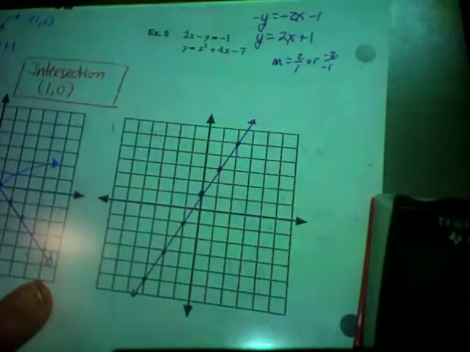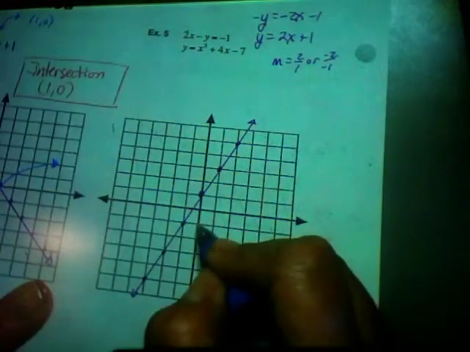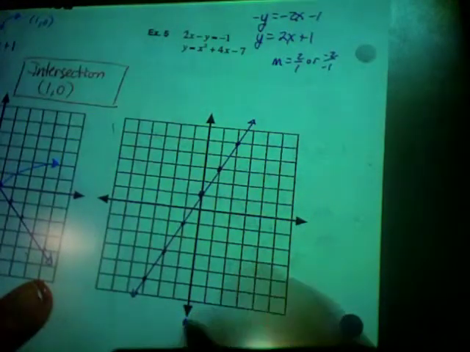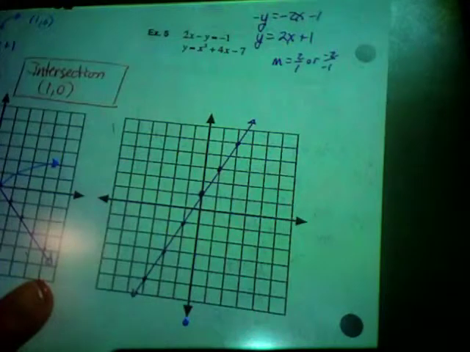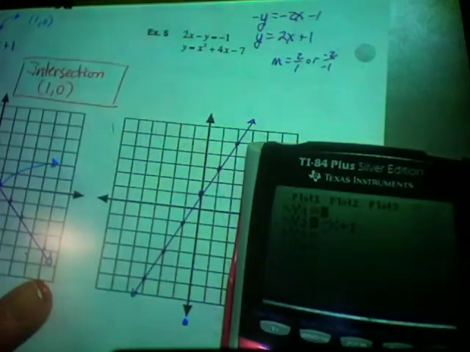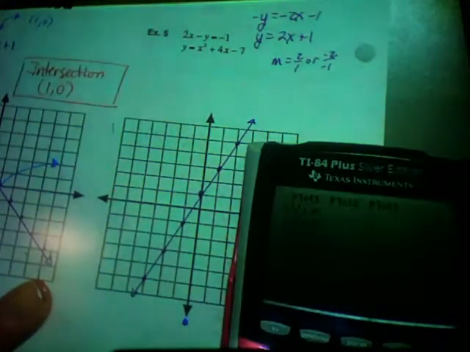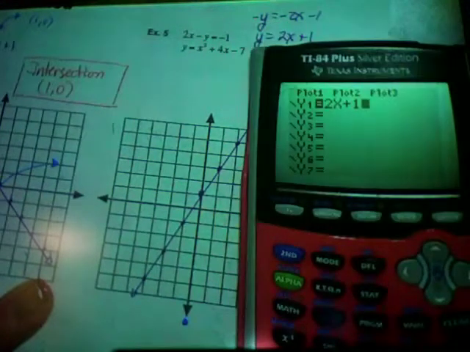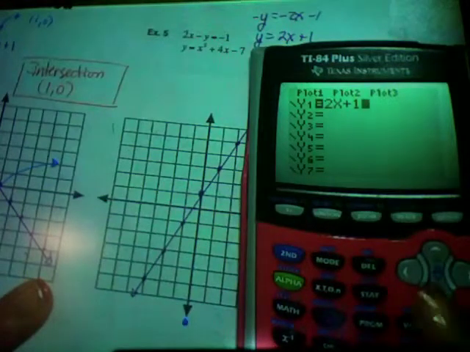So I already know that this is going to cross right down here. I'm a little off on my graph. So I'm going to go ahead and throw these in here. And then the next one.